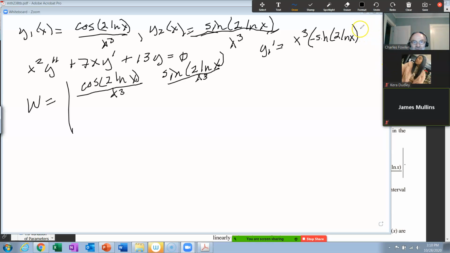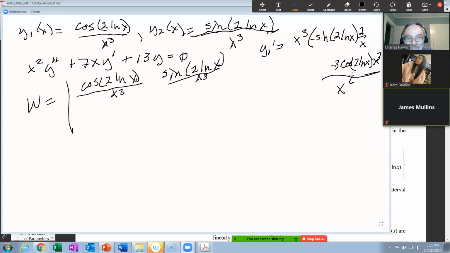So I'm going to write this here, 2 over x. And we've still got to do the minus cosine 2 log x times 3x squared. I'm going to put the 3 here and the x squared here, and all that is over x to the 6th. Boy, what a pain.